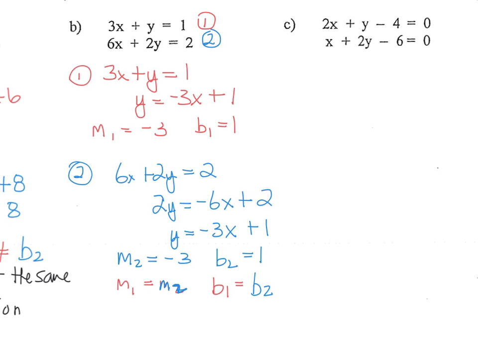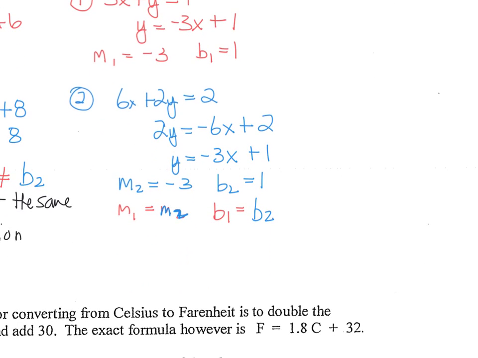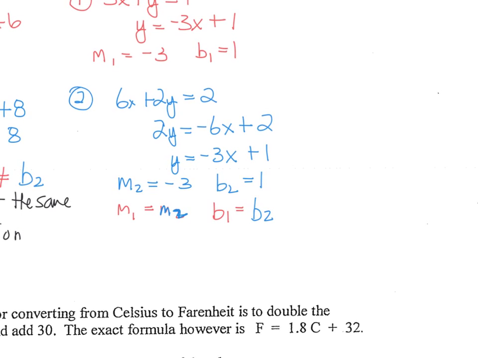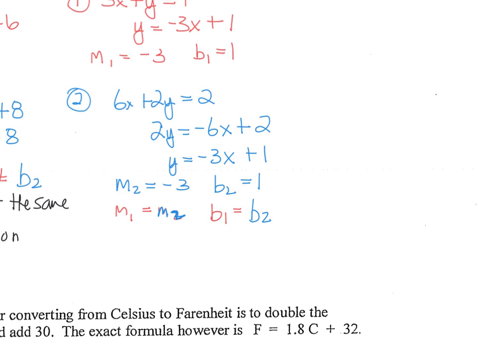Even though one is a factor of the other, when you simplify it down, they're the same lines. Because m1 and m2 are the same, and b1 and b2 are the same, these lines are on top of each other, and therefore infinite number of solutions.